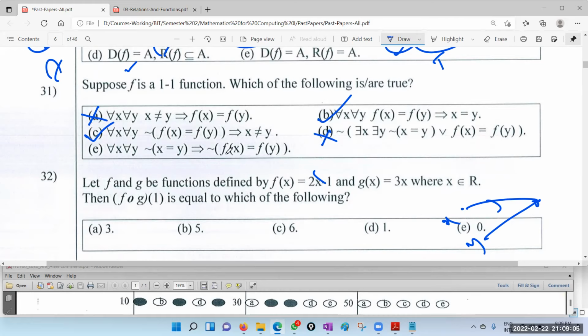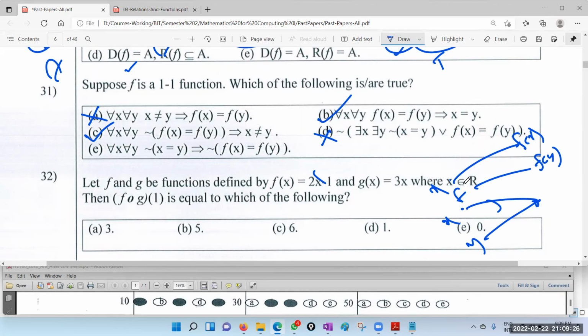Right. What about this? Fx is not equal to fy when x is not equal to y.